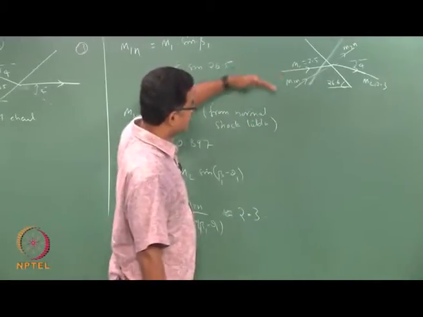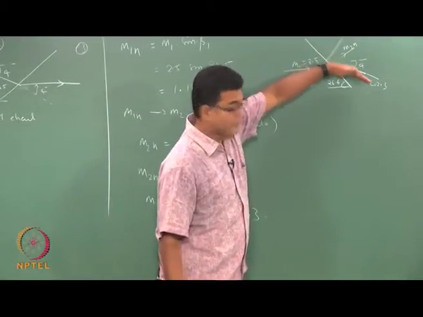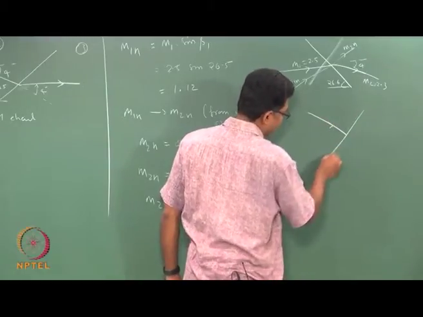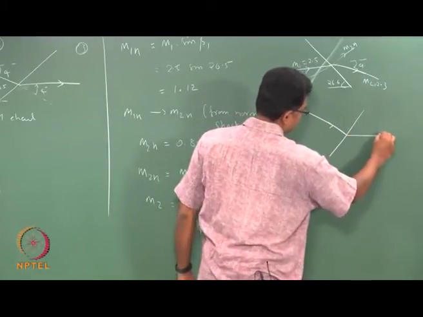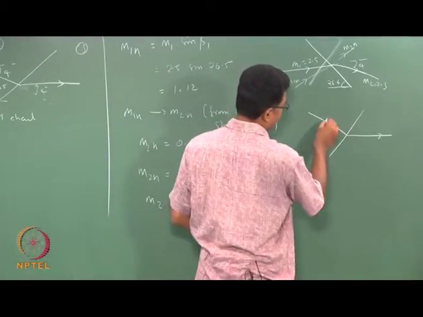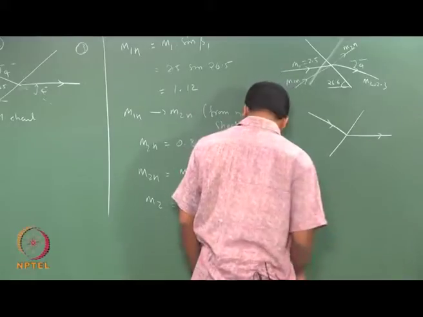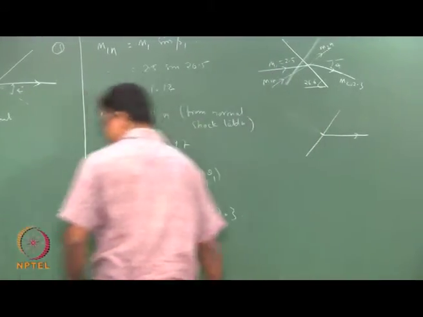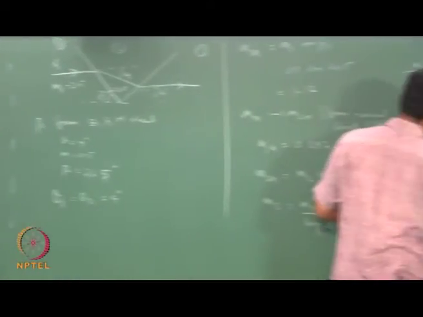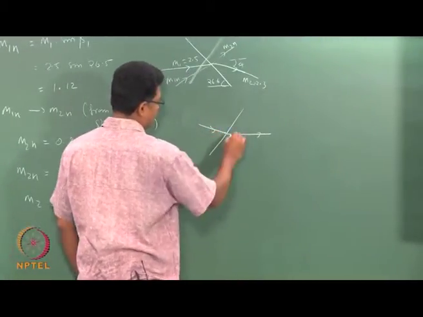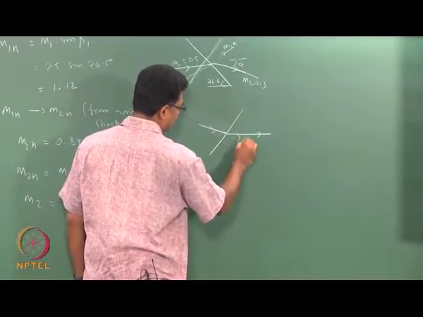Okay. Now, this velocity is going and hitting another shock wave which turns the direction parallel to the surface. So this velocity turned by 4 degrees.